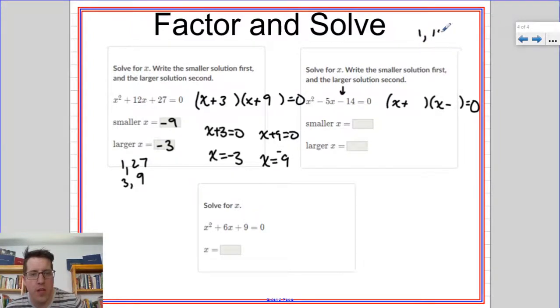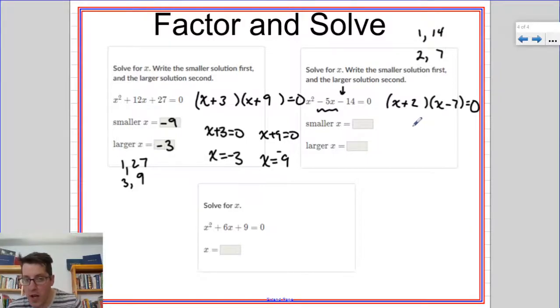Either 1 and 14 or 2 and 7. Is there any way I can combine those numbers, either by adding or subtracting, because I've got a plus or a minus here, to make -5? Well, if I use x plus 2 and x minus 7, those outers and those inners would add to make -5.